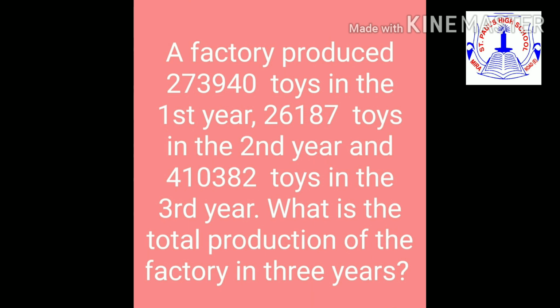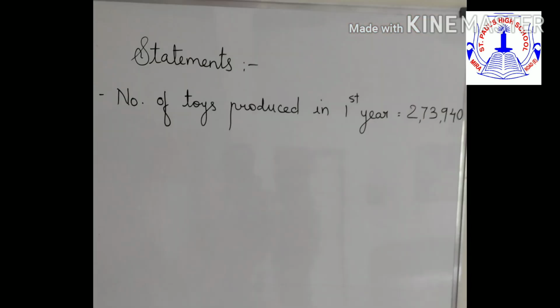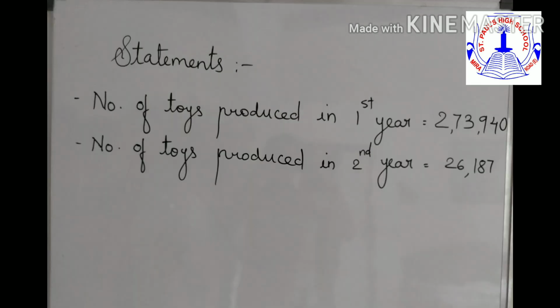Now, according to the given information, we are going to write statements. So, we will write our first statement: number of toys produced in the first year, 2,73,940. Second statement will be number of toys produced in the second year, which is equal to 26,187.